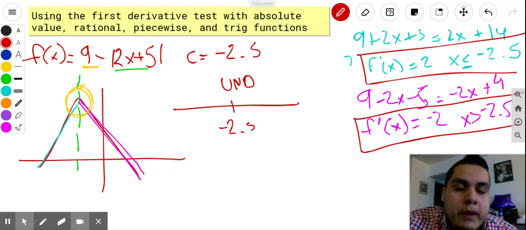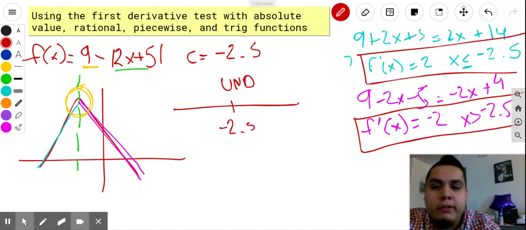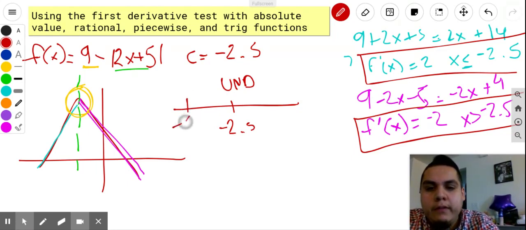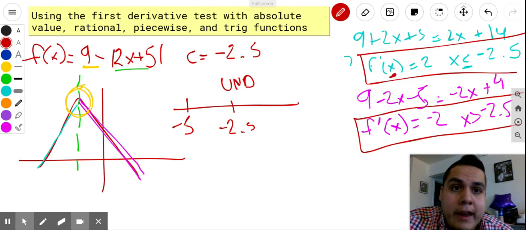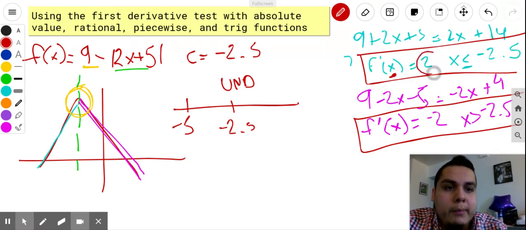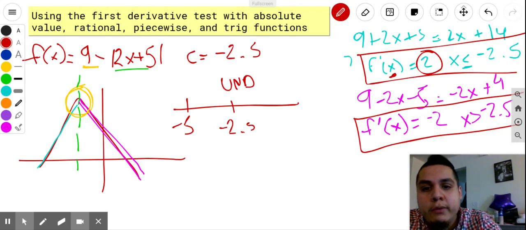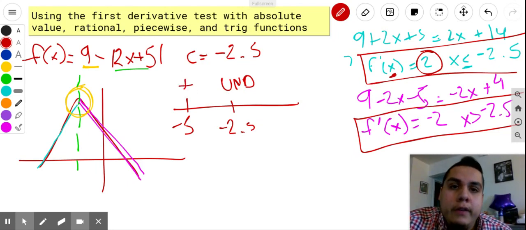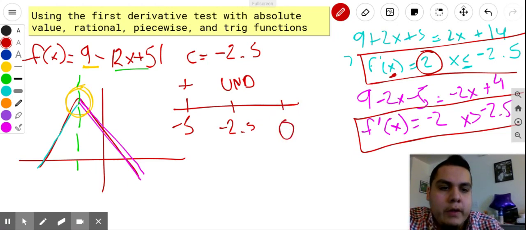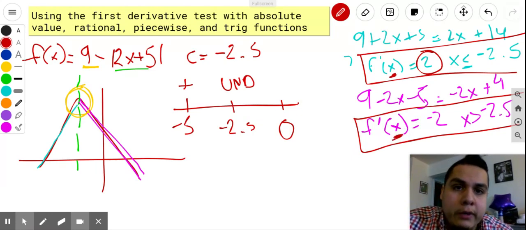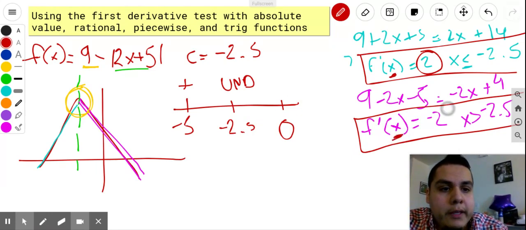So if I choose a number less than negative 2.5, let's say negative 5, I replace this x with a negative 5, I'm going to get a positive 2. So I know that my derivative will be positive to the left of negative 2.5. When I choose a number bigger than negative 2.5, let's say 0, I replace this x with the 0, my derivative should be a negative 2.